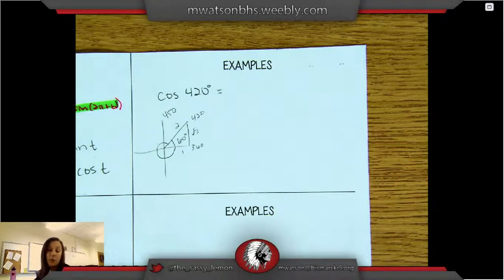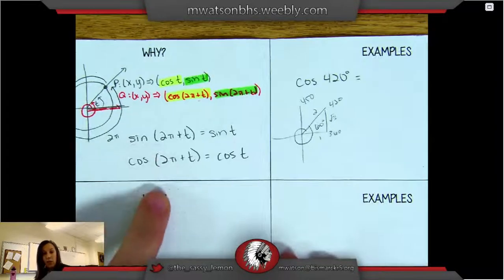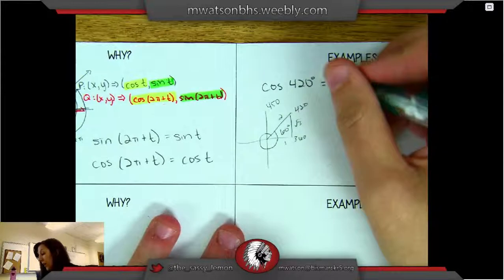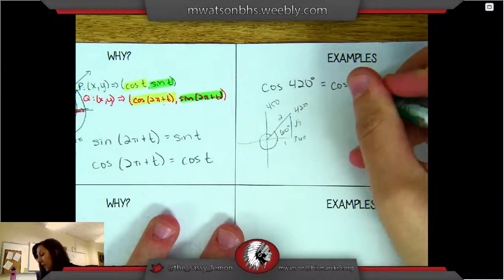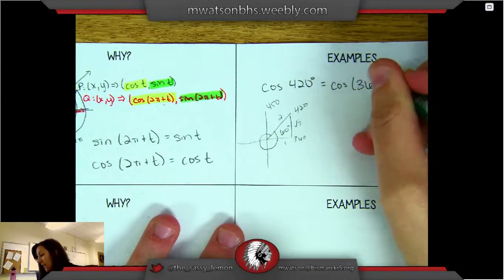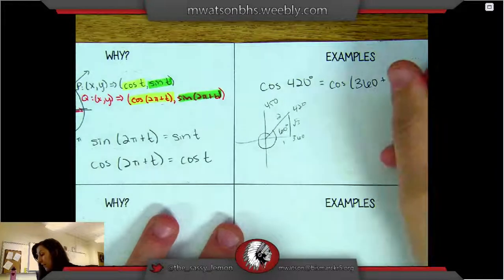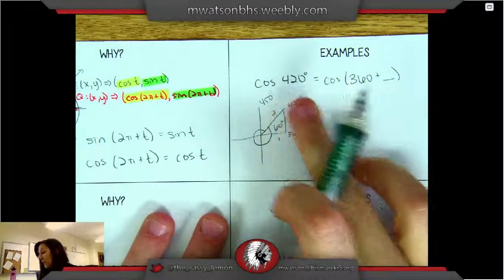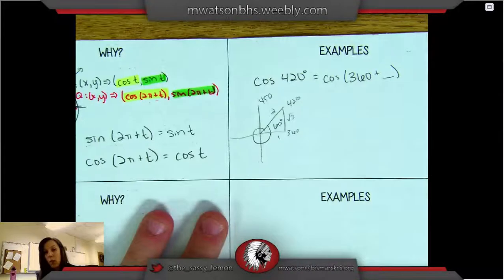This can help you to not have to do all that sketching. Okay, cosine of 420, you can find that by using this identity. Here's how we use it. We change cosine of 420 into cosine of 360 plus whatever. 420 equals 360 plus what?